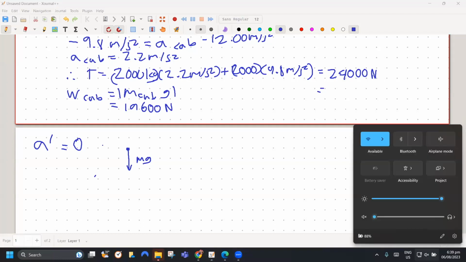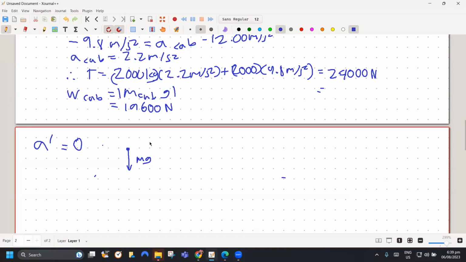So MA is equal to, tapos yung right, ano yung net force based on your free body diagram? mg.